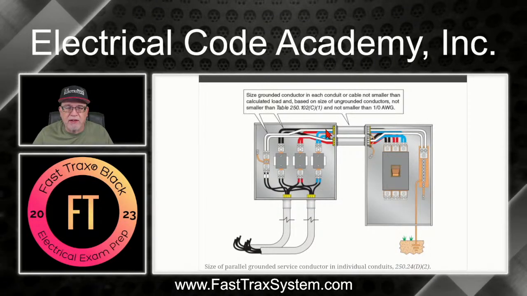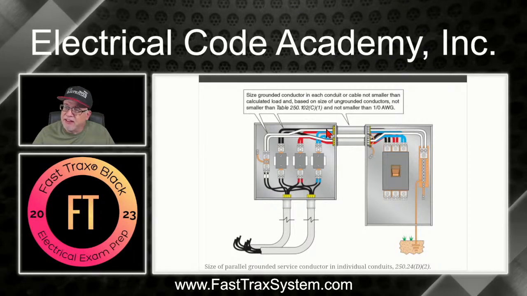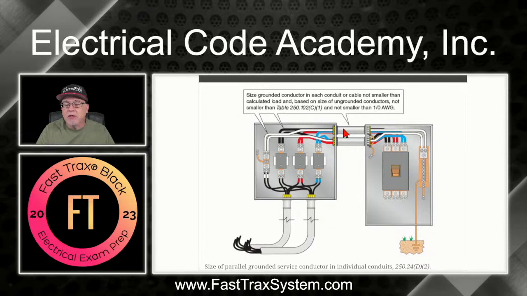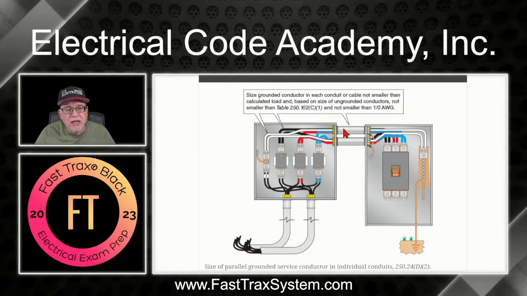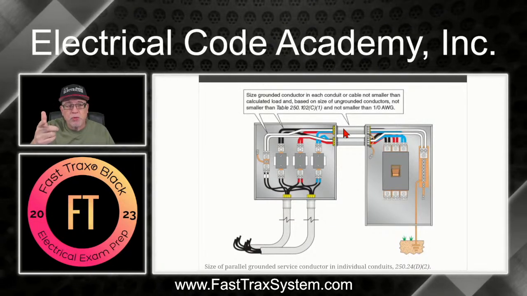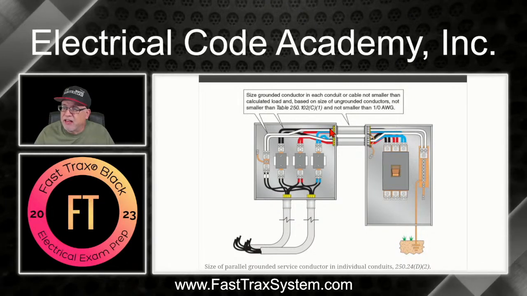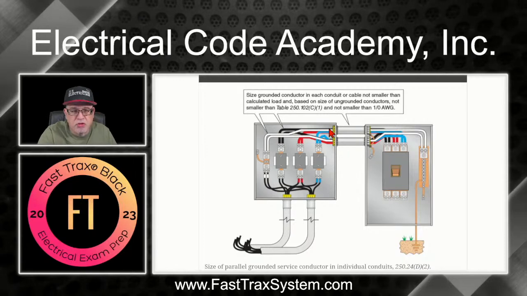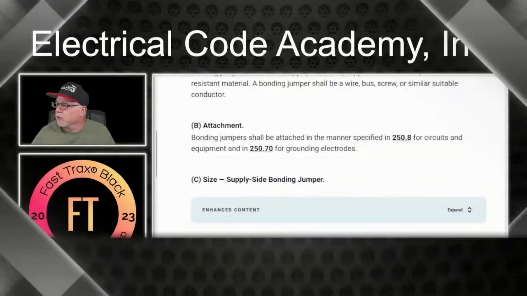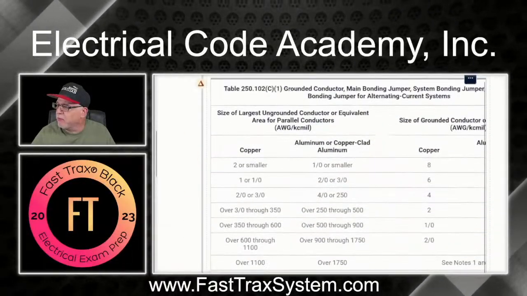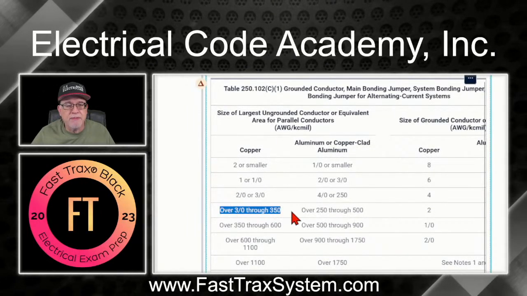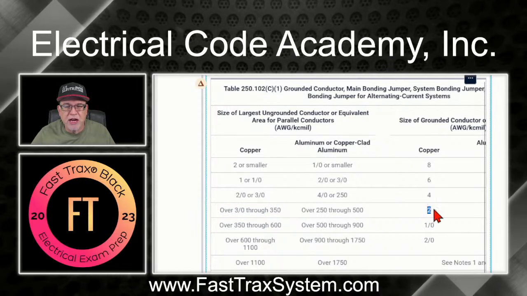So we'll just take the black. Whatever that size is for this raceway, we take that, then we go to 250.102(C)(1) and we size it. Let's just say this was a 350 kcmil. Then we go to Table 250.102(C)(1), and we're at over 3/0 through 350, so it would be a 2-gauge copper.